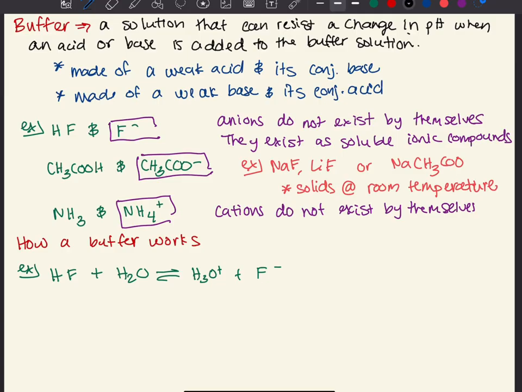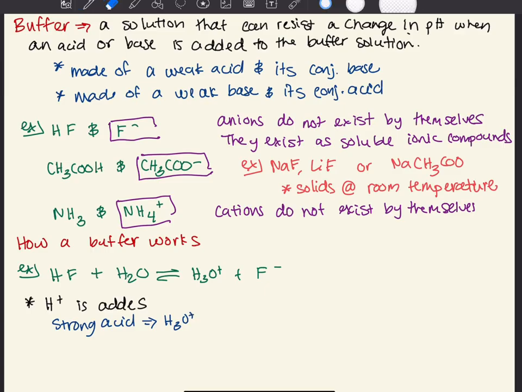So if you have a strong acid that is added, like HCl, remember it completely dissociates into hydronium ion.